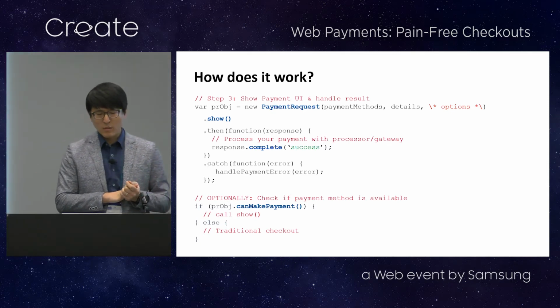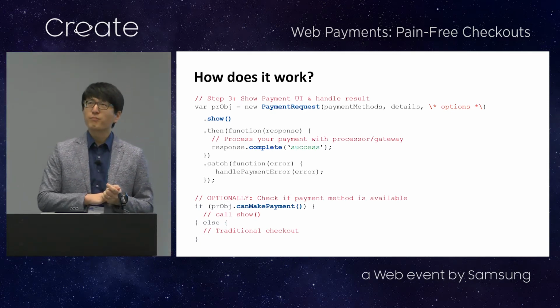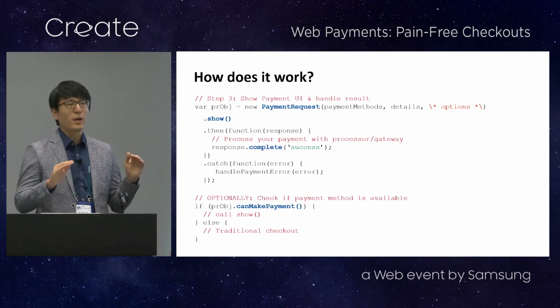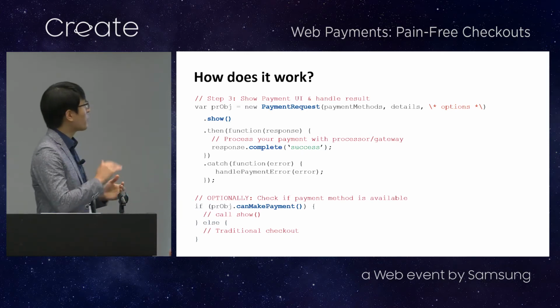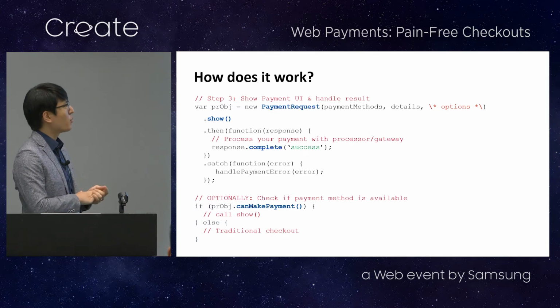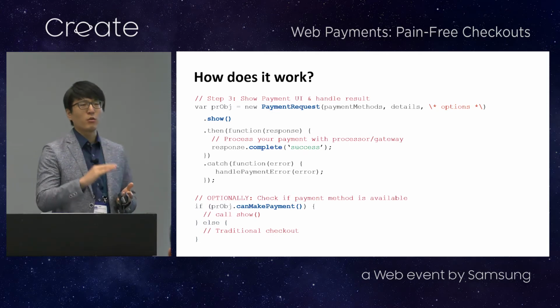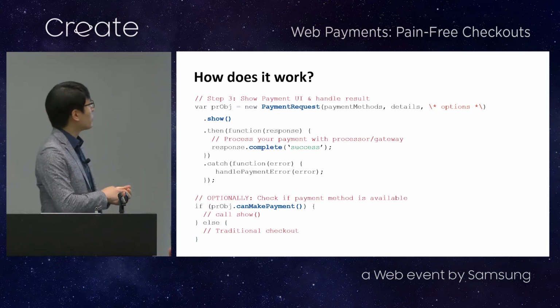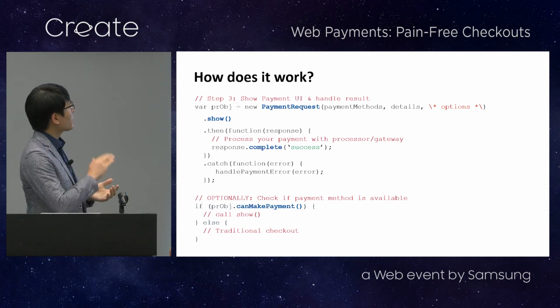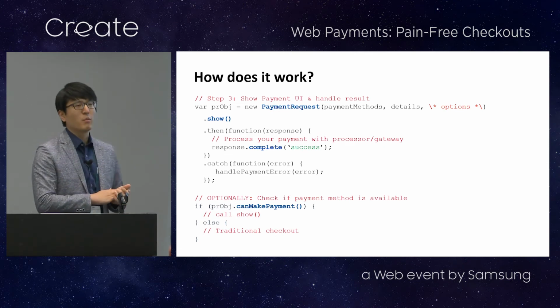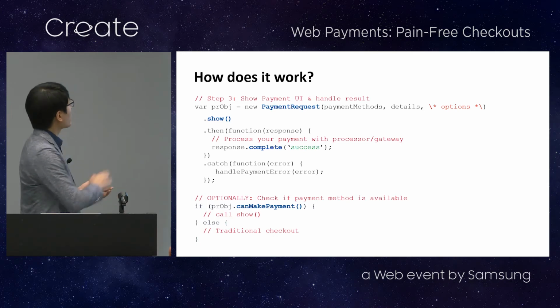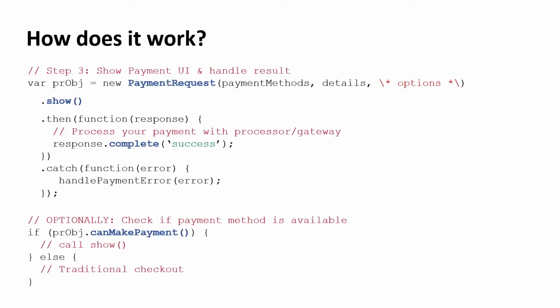Depending on what payment method you added, that payment method cannot be supported on that browser or on your phone at the moment. So you'd better check canMakePayment before calling the show function. If canMakePayment returns false, then you can show the traditional never-ending form checkout page.